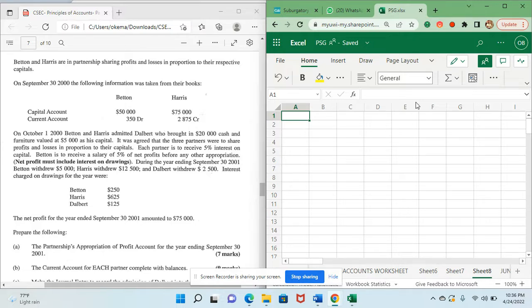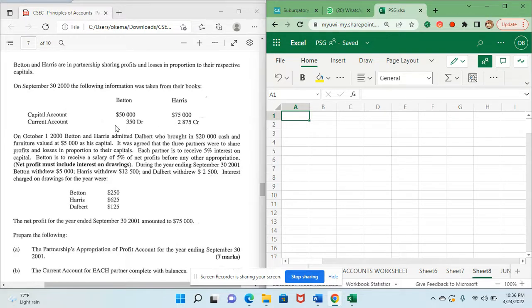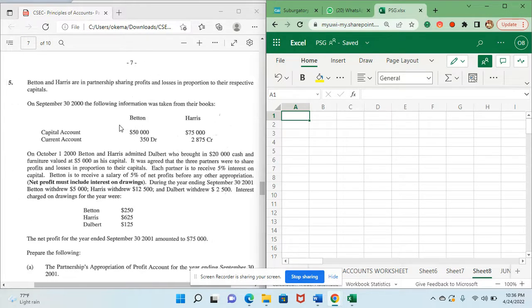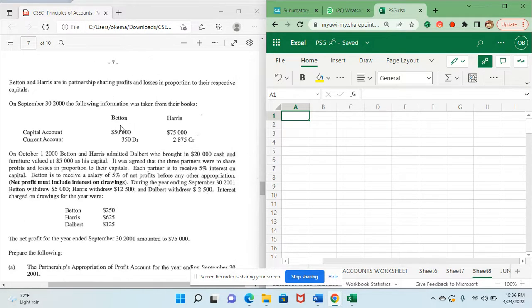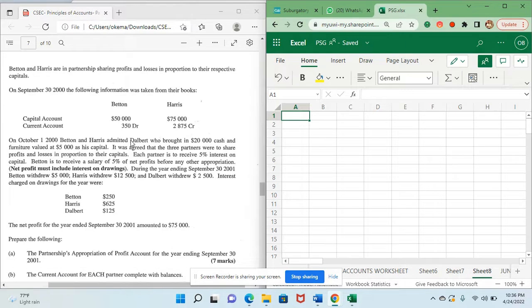In this question, I think this is 2002, question 5, it is with Better and Harris. They're in a partnership and they're sharing profits and losses in proportion to their respective capitals. On September 30th, 2000, the following information was taken from their books.